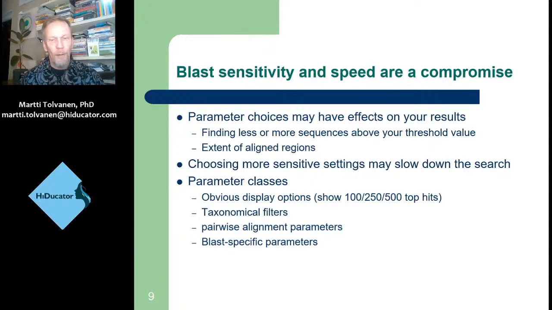And likewise, the alignments might look a little bit different. So with more permissive parameters, the alignments might go a few residues longer at the ends. But then the price to pay is slowing down the search.